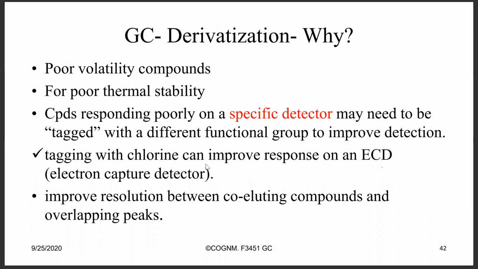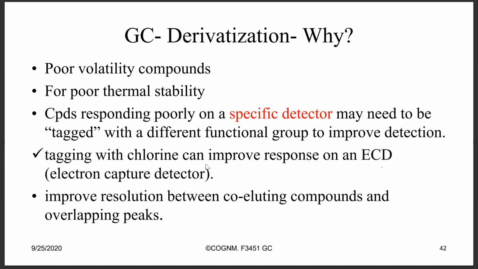So when we use derivatization, normally for poor volatility, compounds with poor thermal stability, compounds that are poor with a specific detector, they will need to be tagged with a different group to improve the detection.